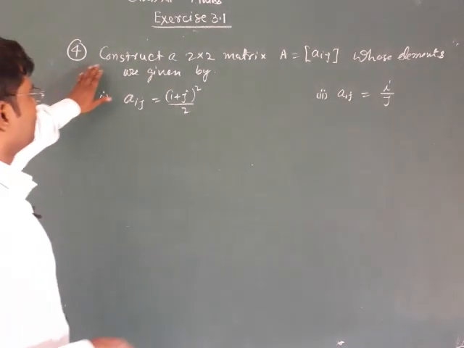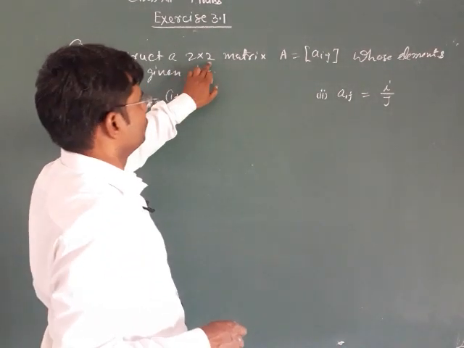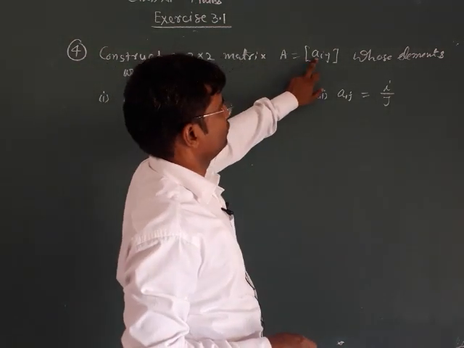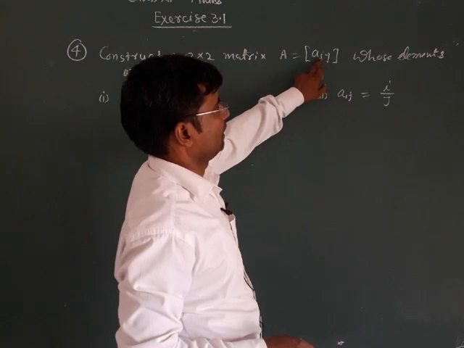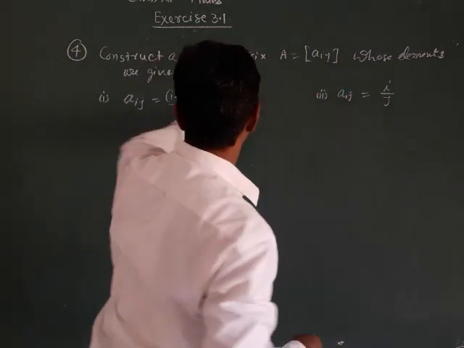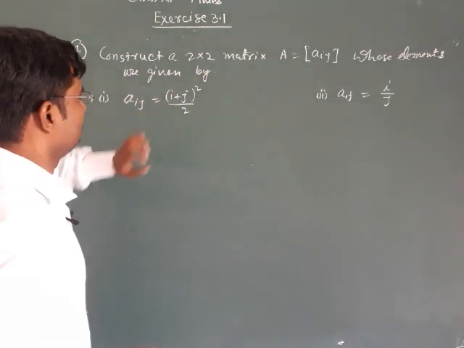Question number 4. Construct a 2 by 2 matrix A equal to element aij, where i means row, j means column, whose elements are given by (i+j)² upon 2.